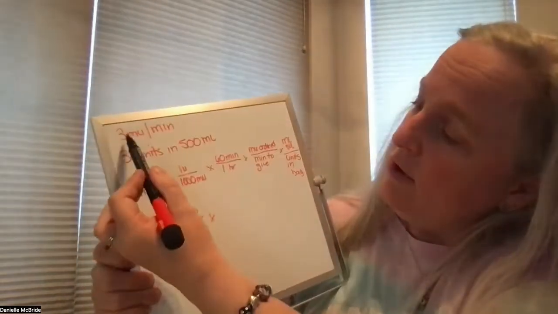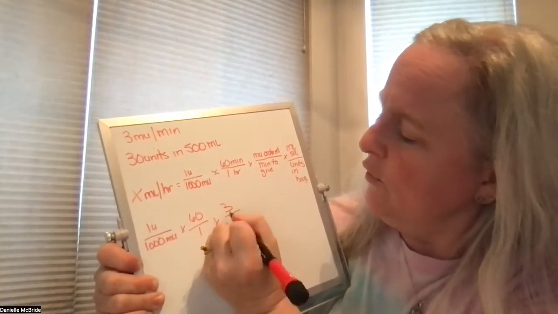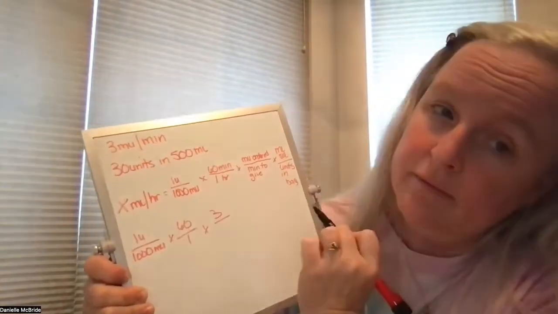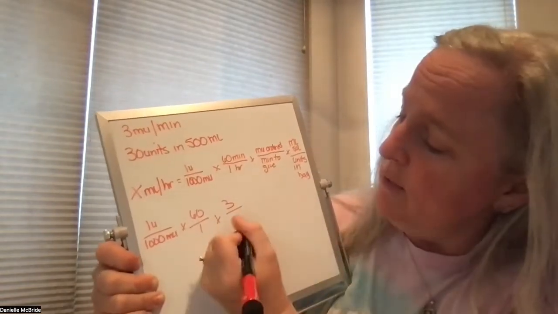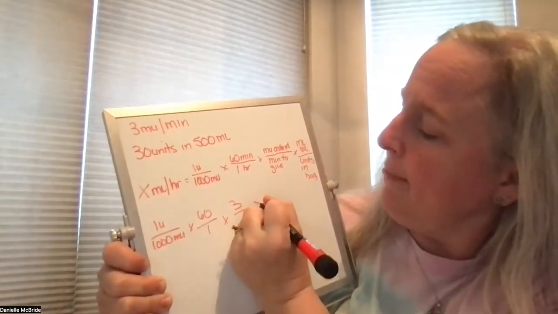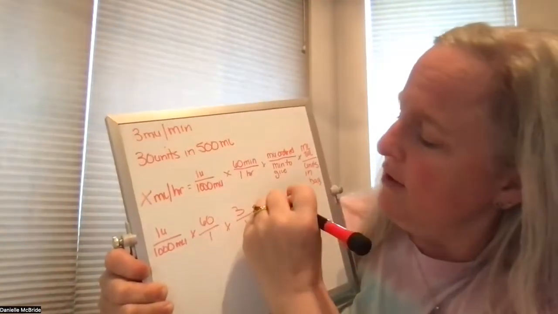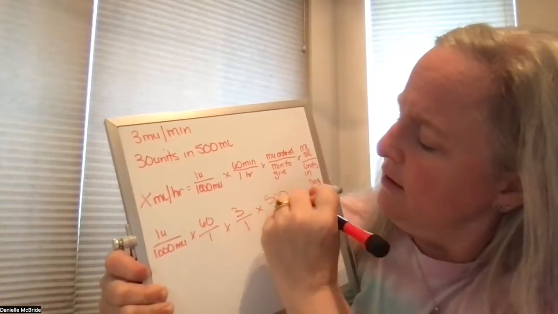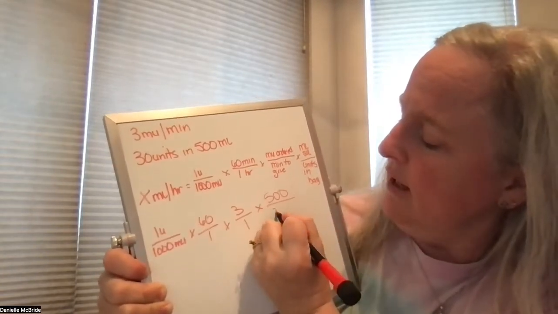The milliunits ordered is 3 over minutes to give. Well, we're going to give 3 milliunits in 1 minute. So minutes to give, 1. Times milliliters of solution. Our milliliters of solution is 500 over number of units in the bag is 30.